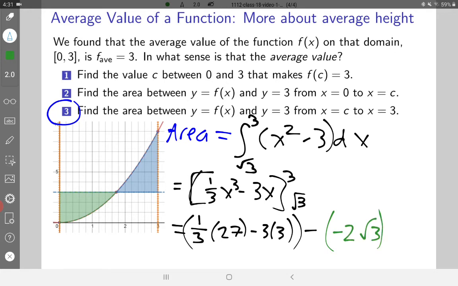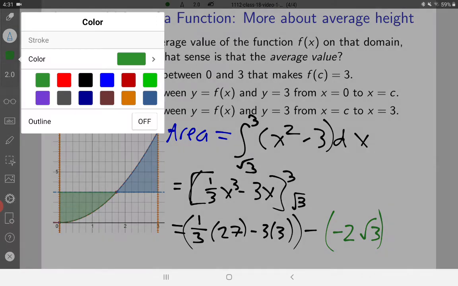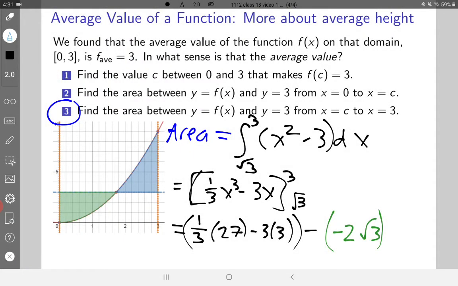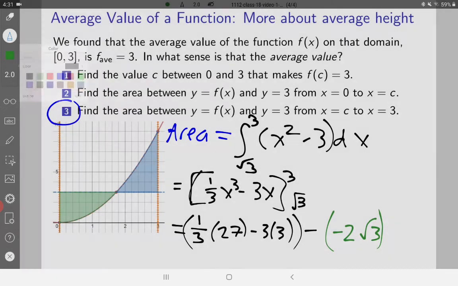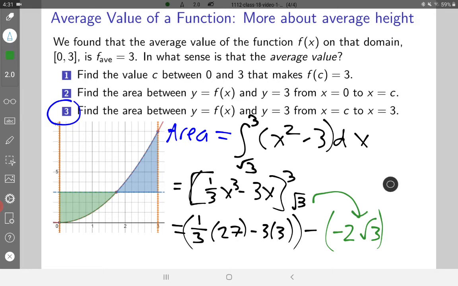You can look back at that work and pause the video to do that. But you'll see that it's exactly the same calculations, but we have a negative where we have a positive and vice versa. So when I plug in root 3 as the lower limit for this antiderivative, I'm going to get negative 2 root 3, the opposite sign of what we got last time.